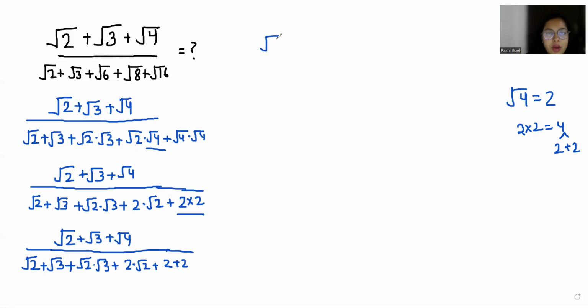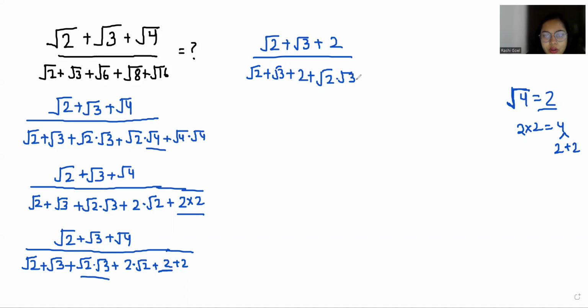Now square root 2 plus square root 3 plus, as we already discussed, in place of square root 4 we can write 2. So 2 by square root 2 plus square root 3 plus 2, and the denominator: square root 2 times square root 3 plus 2 square root 2 plus 2.